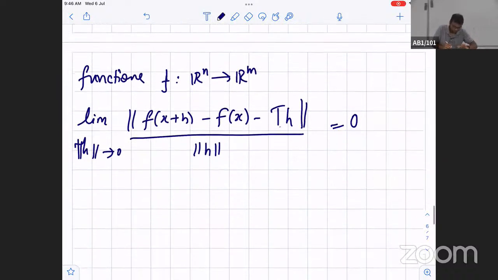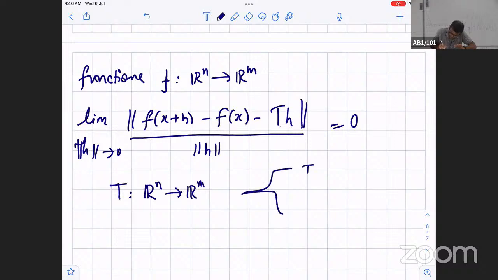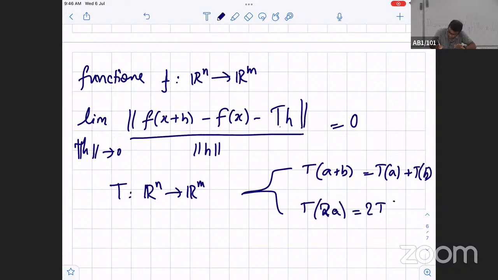Now can you give me an example of a function which is linear from Rn to Rm? Linear, let me remind you, satisfies this property. So can you give me an example for a function from Rn to Rm?